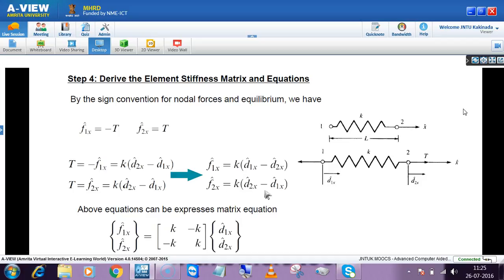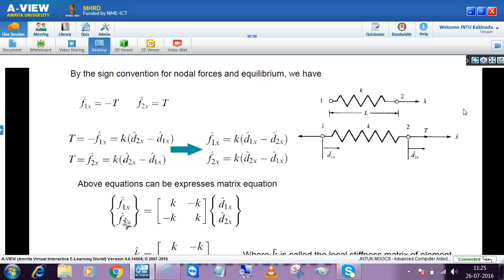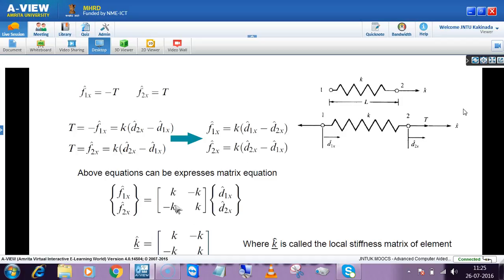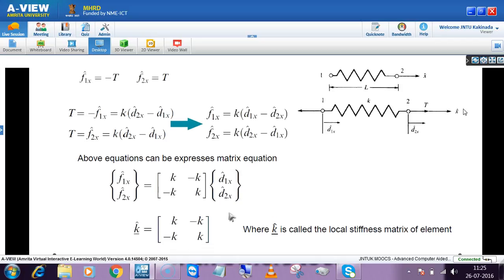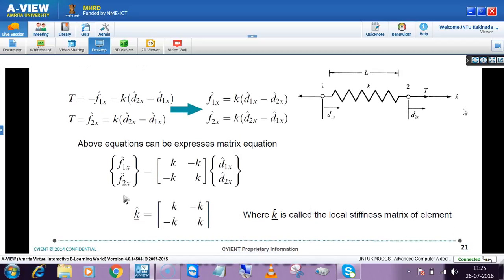When you put it in matrix form, it will be F1x, F2x, then we take the d1x and d2x side, and put all the stiffnesses here. Then it will be K, minus K, minus K, and K. So this is the local stiffness matrix of a spring element. This is how we derive it.